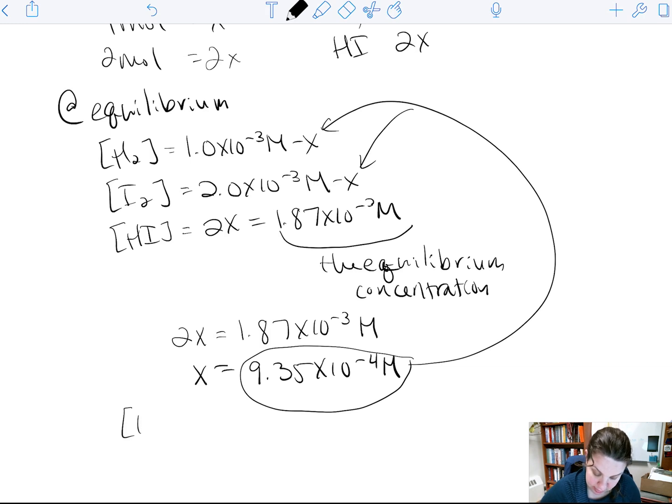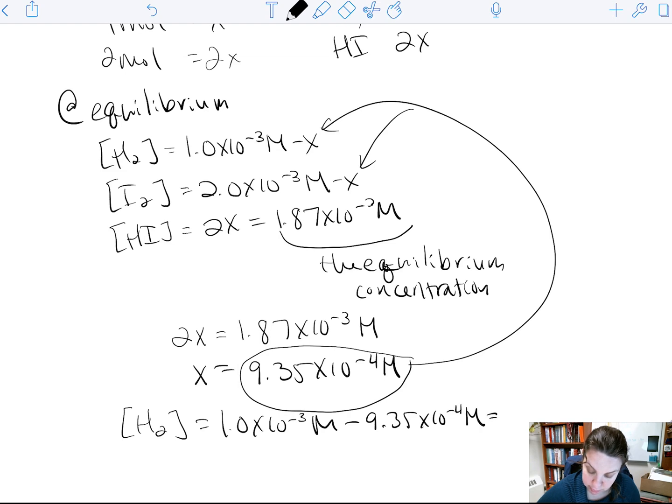And we would say we have H2 concentration equal to 1.0 times 10 to the negative 3 molar minus 9.35 times 10 to the negative 4 molar, giving us a value of 6.5 times 10 to the negative 4 molar.